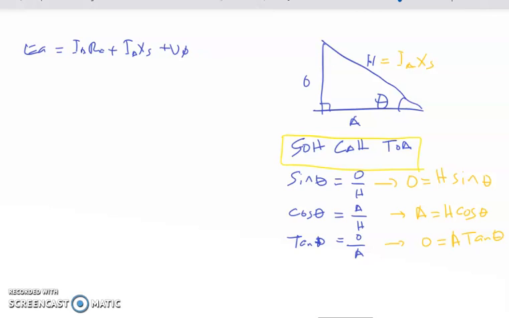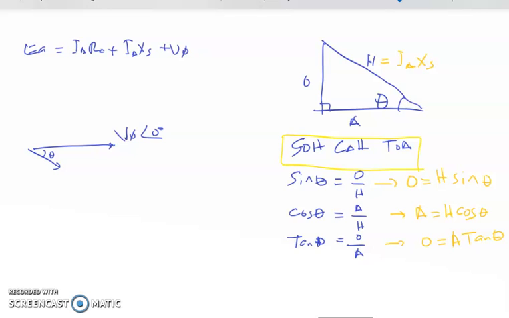If we draw it again as a phasor diagram, using V phase as our reference, V phase is at 0 degrees. The current follows at a certain angle of lagging power factor, here is theta.